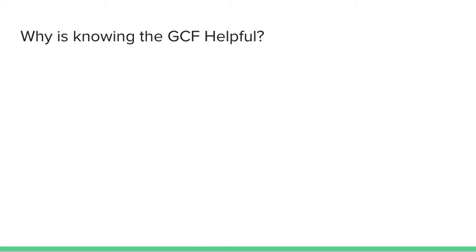Now, why is knowing this helpful? I get that question a lot from people. Why do I need to know this? So I'll show you why here. If you looked at our previous video on multiples and lowest common multiple, there were some real world applications shared with you where lowest common multiple is used.